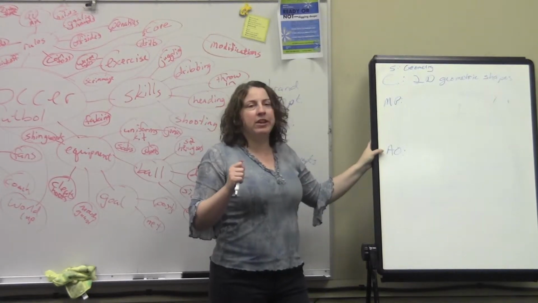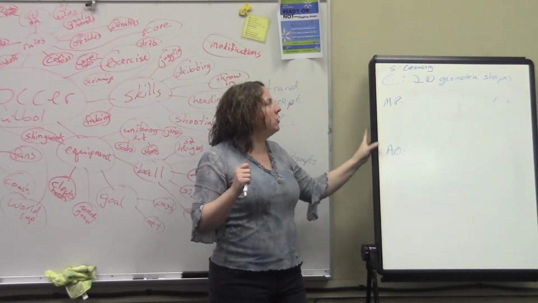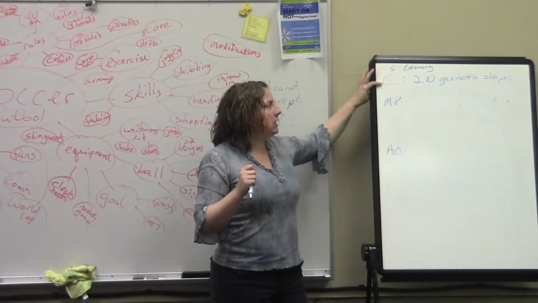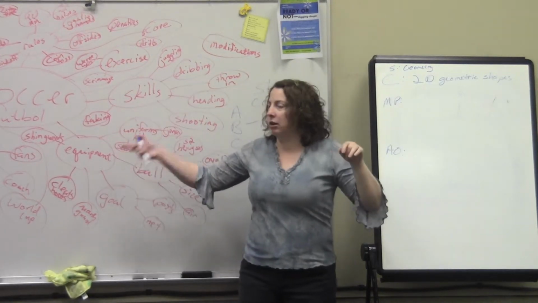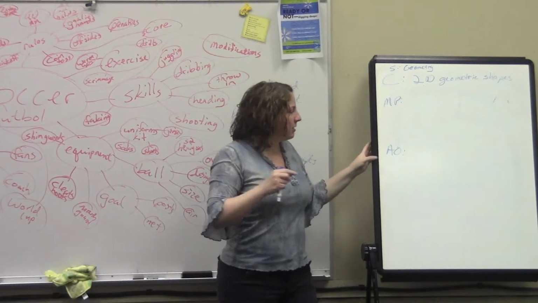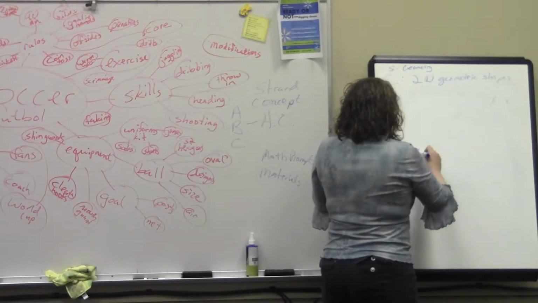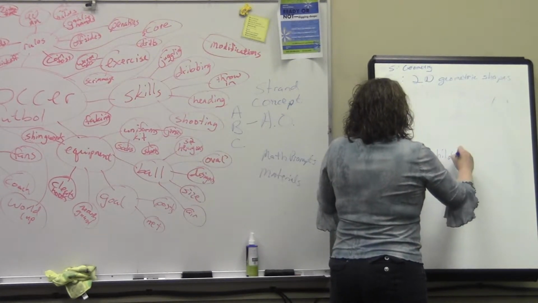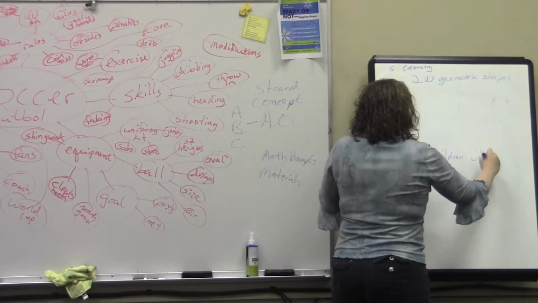Why don't we try the activity objective? What do you think the children can do to learn different 2D geometric shapes that has to do with soccer? The children will examine the hexagons on the soccer ball or count them.